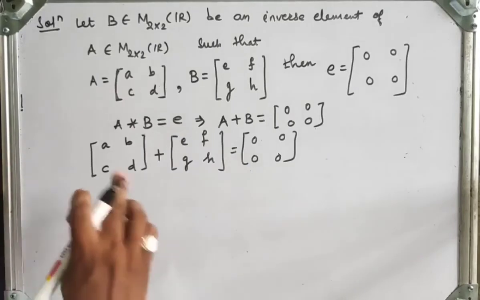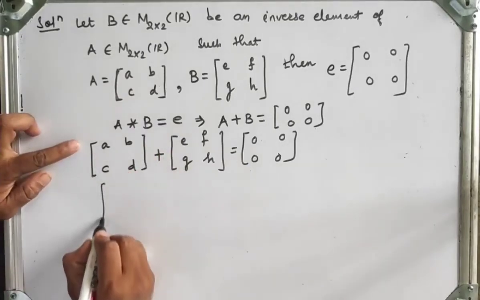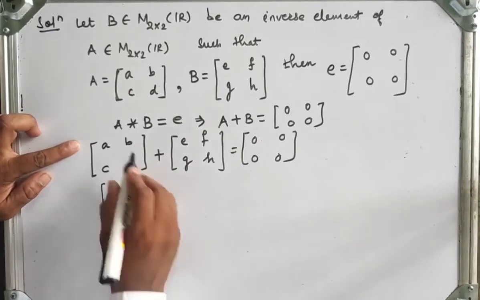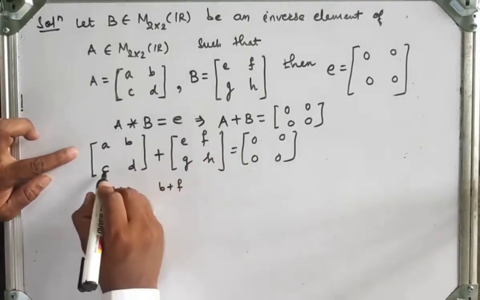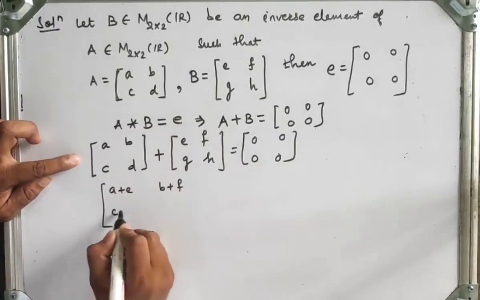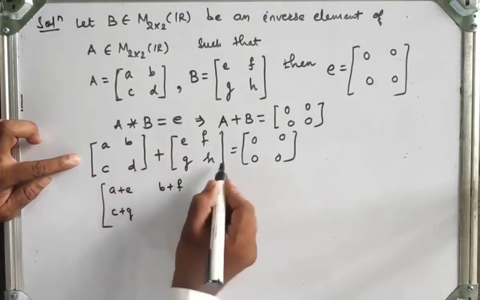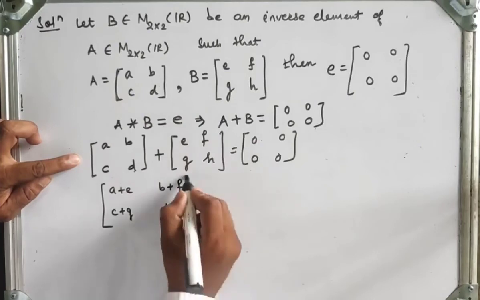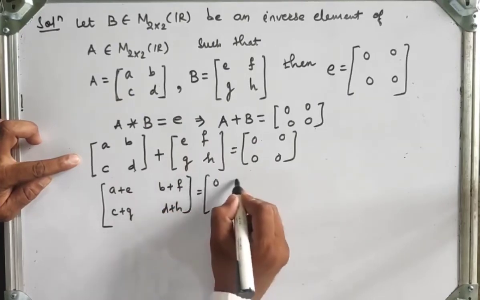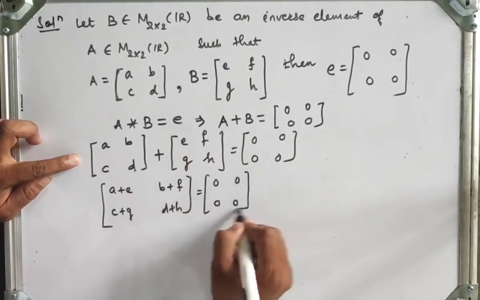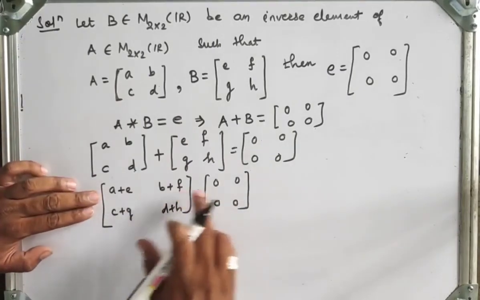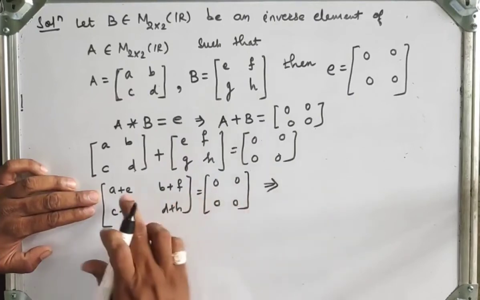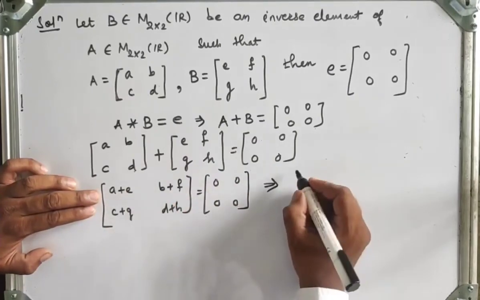Now take pairwise addition. After taking pairwise addition, A plus E, B plus F, C plus G, and last D plus H, which is 0 0 0 0, right? So what do we get? A plus E is equal to 0.